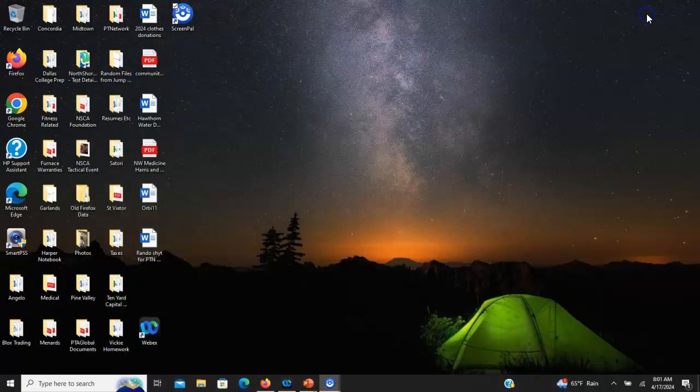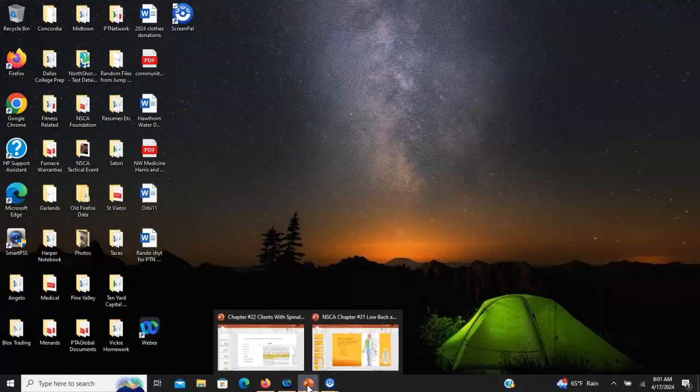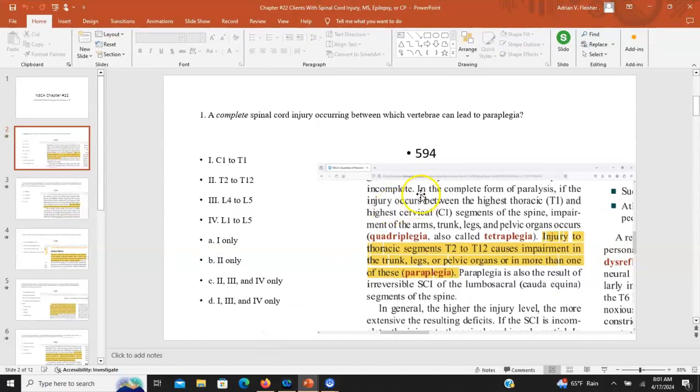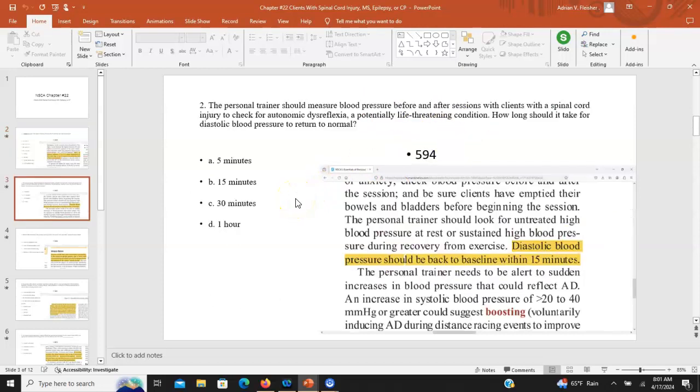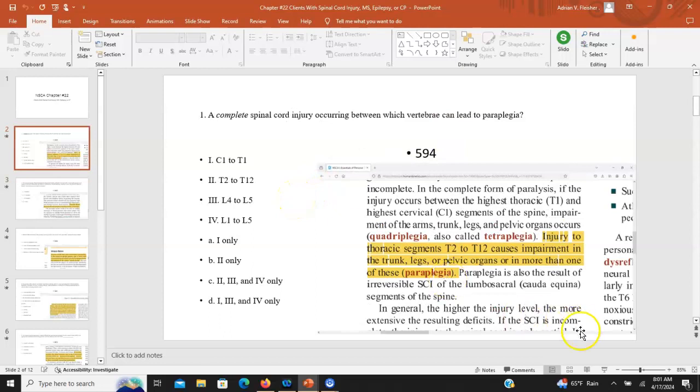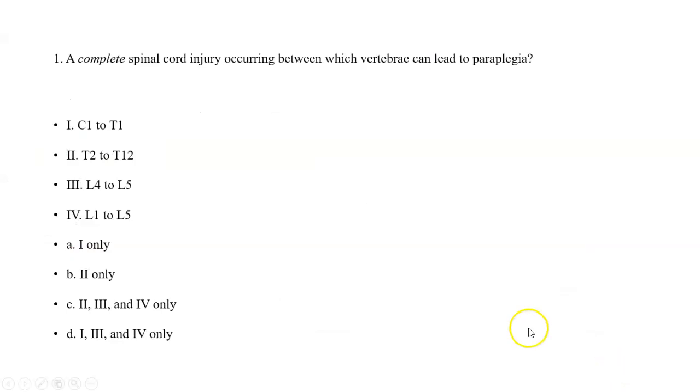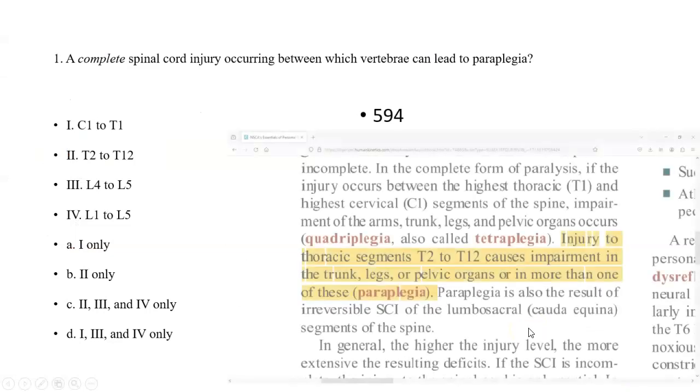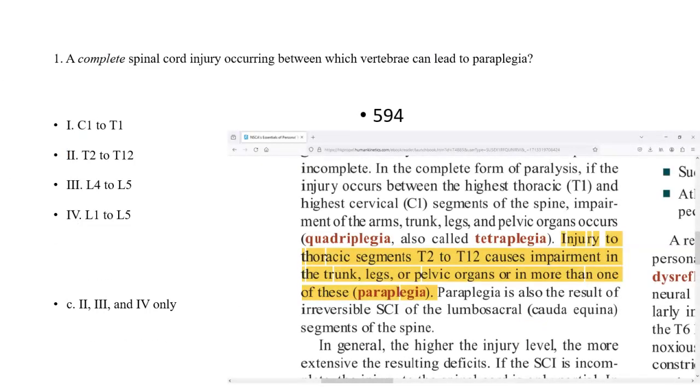I'm going to minimize this. In this question, what they're really asking is, a complete spinal cord injury occurring between which vertebrae can lead to paraplegia? Their answer is on page 594, and they end up throwing out answers 2, 3, and 4.